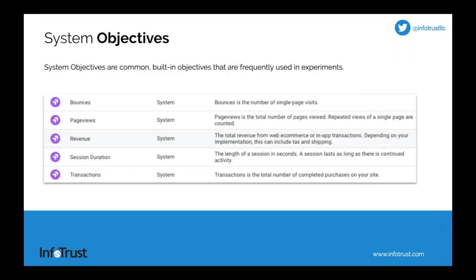These system objectives are available in any test. They're common built-in objectives that are frequently used in experiments. So bounces, page views, transactions, revenue, and session duration are going to be available as objectives no matter what. Those are the built-in objectives.